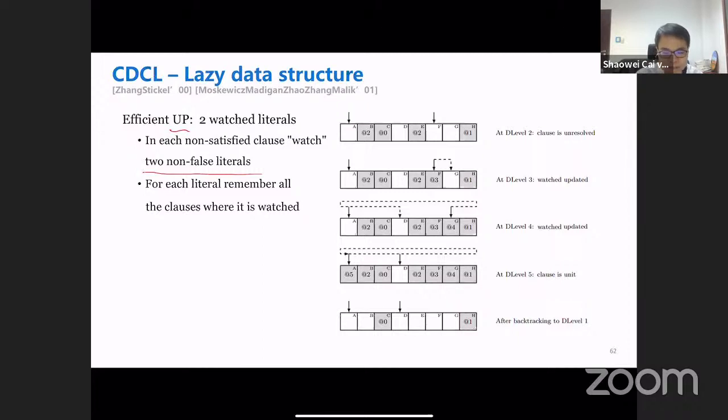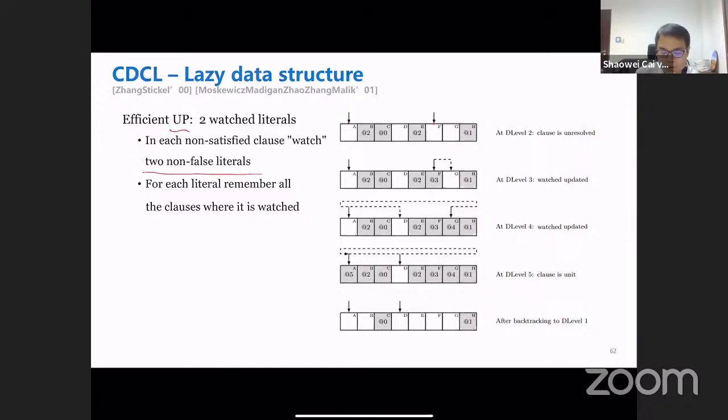So how can we find a unit clause? If we did not find any new candidate watching literals, and one of the watching literals becomes false, then we know that this clause becomes unit.